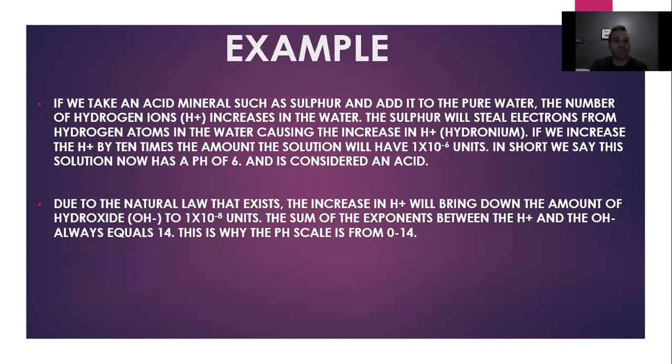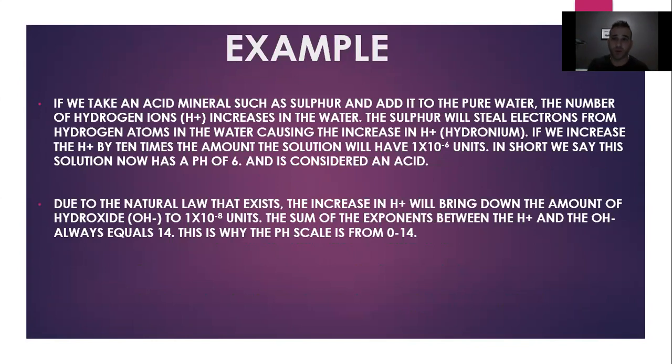If we increase the H plus by 10 times the amount, the solution will have 1 times 10 to the negative 6 units compared to pure water. In short, we say the solution now has a pH of 6 and is considered an acid. So this is where the scale comes from.